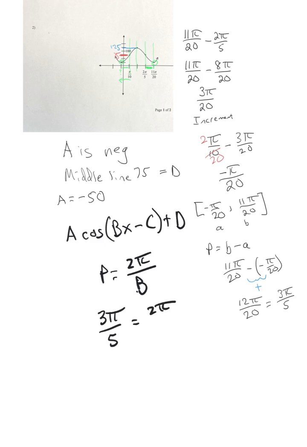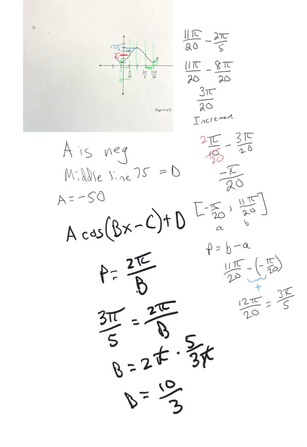Equals 2 pi over b. And I can multiply to solve for b and get b equals 2 pi times the reciprocal, 5 over 3 pi. The pi's cancel. We get b equals 10/3.